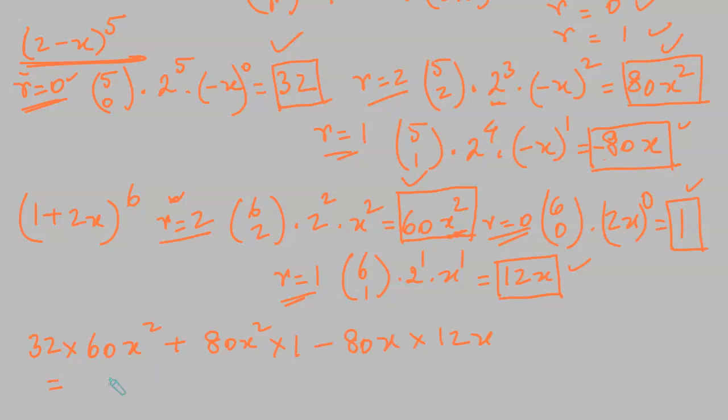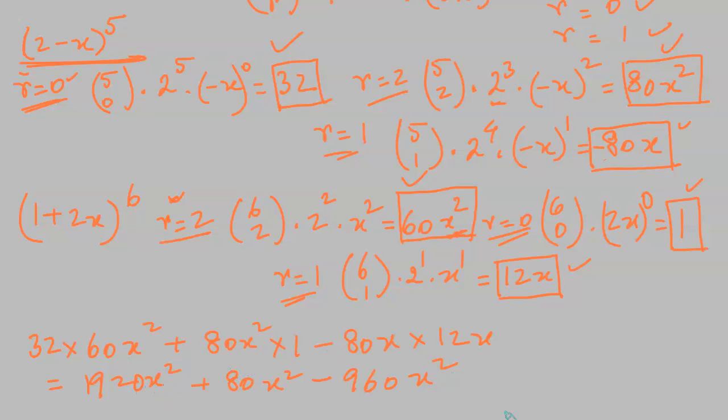This is 6 times 2 is 12 and 192. 192x square plus 80x square, and 8 times 12 is 96. So, it is 960, negative 960x square. Okay. Sorry, there should be a 0 over here, right. So, 1920x square plus 80x square minus 960x square.